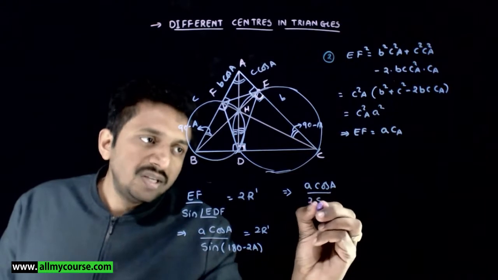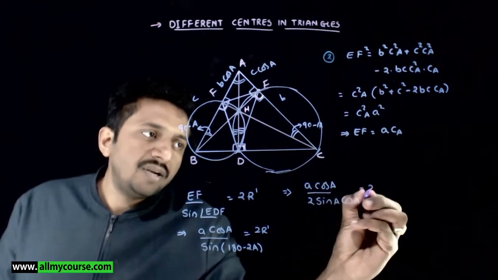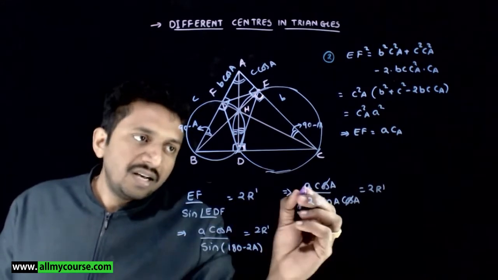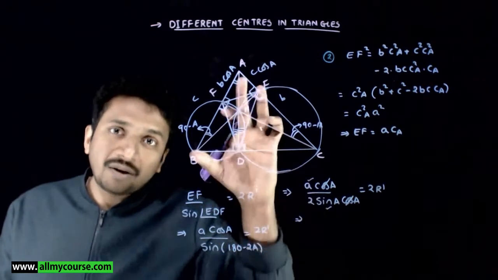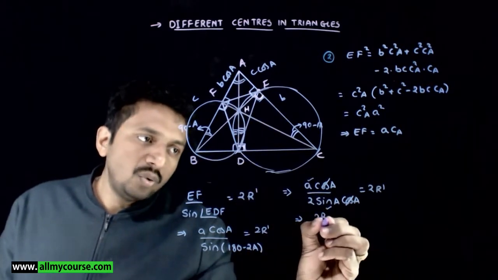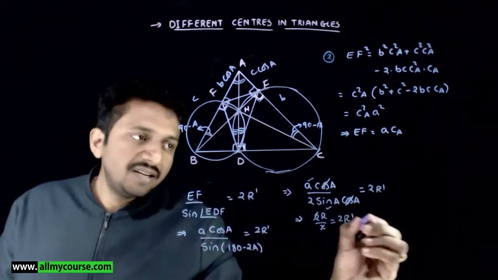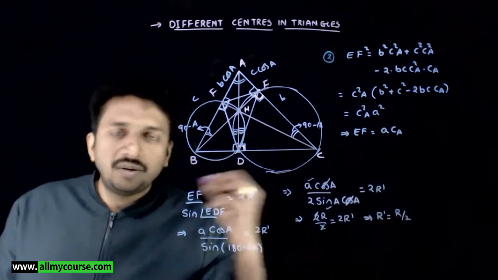That is 2 sine A cos A, is equal to 2R dash. So these two get cancelled. Now a by sine A is nothing but 2R of the original triangle. So 2R by 2 is equal to 2R dash. 2 and 2 get cancelled. This implies R dash is equal to R by 2.